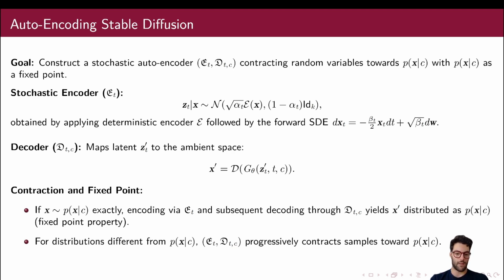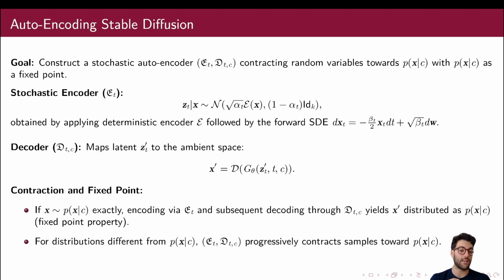Future work will study the mathematical soundness of this, but what we can already say is that if x comes from the prior distribution, when we encode and decode using the stochastic autoencoder, we still get something distributed in the same way.